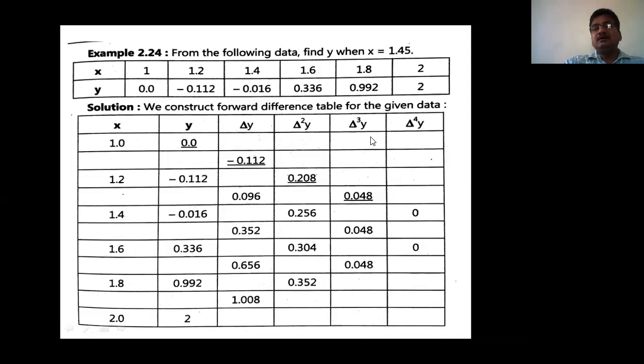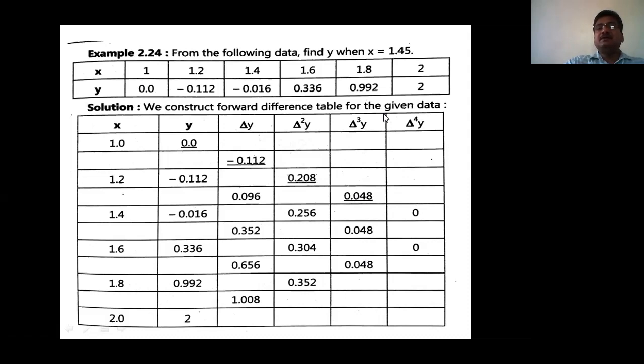But here at the column delta cube, all the values are the same, so there is no need to find the further columns. If the entries in a column are not the same, then the table is continued to delta raised to 5y.